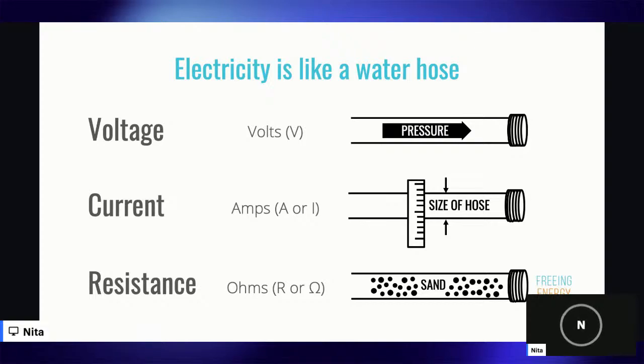Okay, the longer the length of a conductor or a wire, the more resistance. The further the electricity has to travel, the more it slows down. Temperature: as wires get hotter, the resistance increases. This is why overheating makes your situation worse.